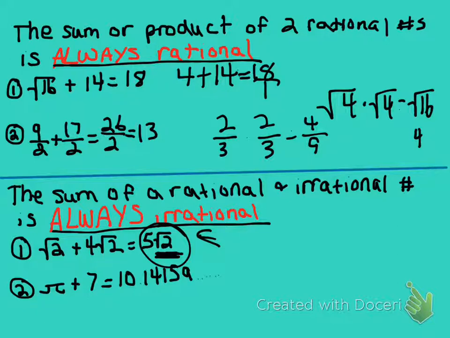Now we're going to go into more stuff about multiplying, dividing, adding, and subtracting rational and irrational numbers in class. But you have to be able to identify rational and irrational numbers, and you have to understand the relationships that they have when we perform mathematical operations on them: adding, subtracting, multiplying, and dividing.